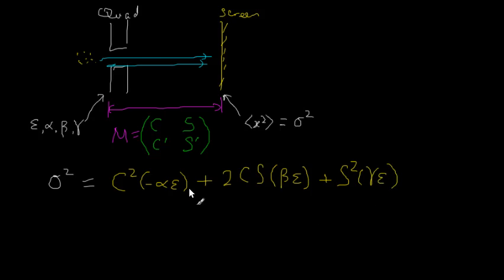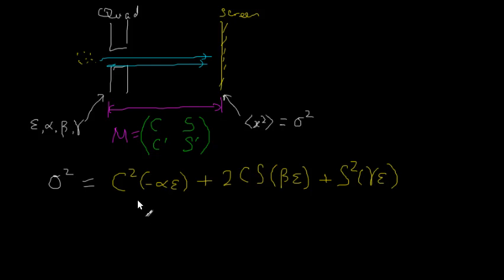Alright, so this relates the twiss parameters alpha, beta, gamma, and epsilon emittance at the start of the quadrupole to the sigma squared at the screen through the transfer matrix.